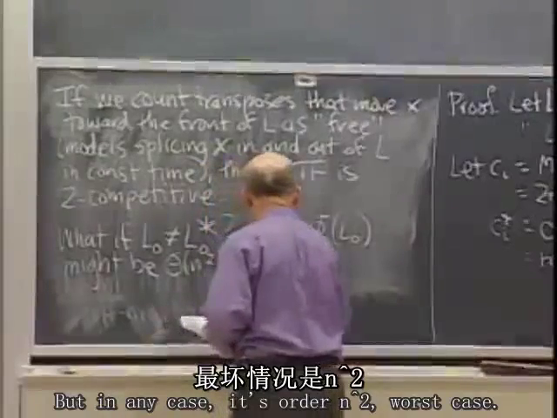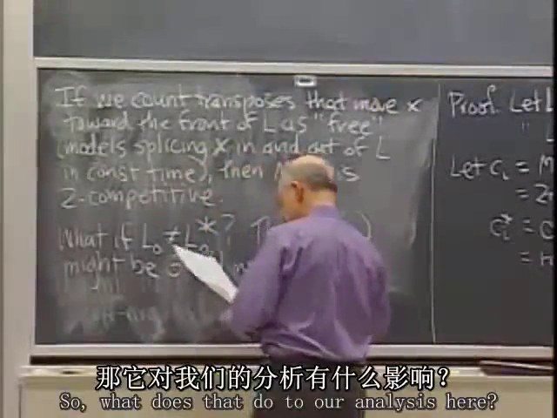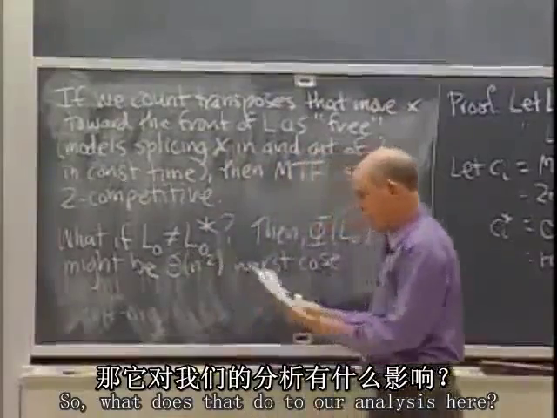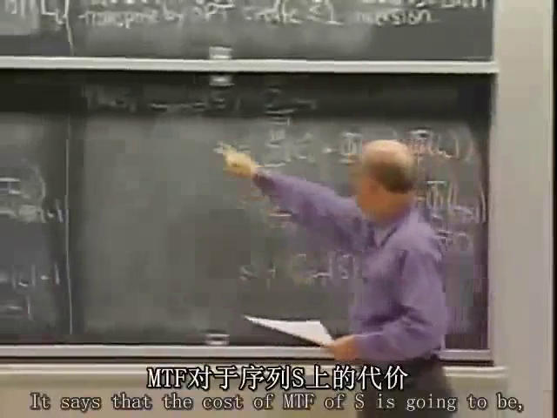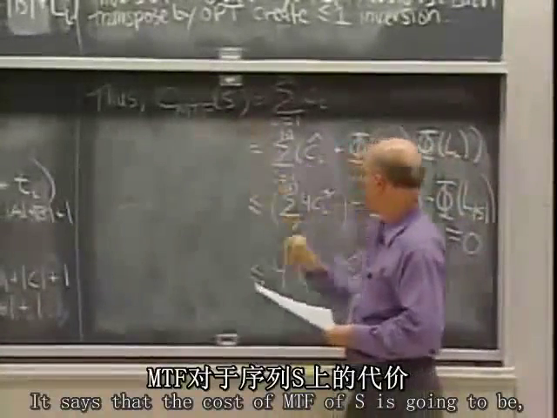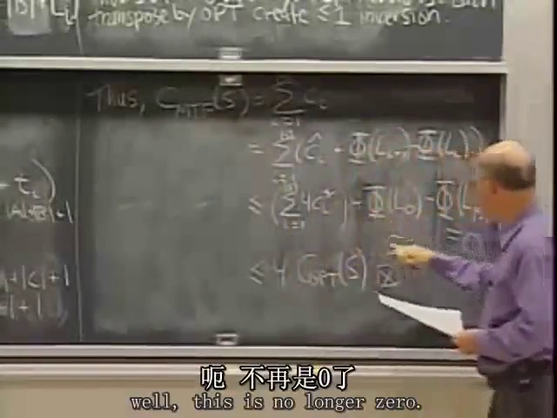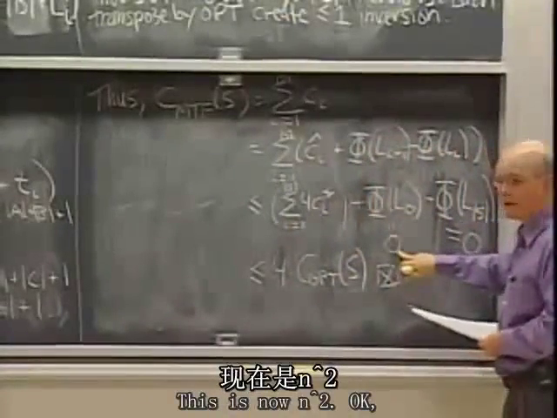Worst case. So what does that do to our analysis here? It says the cost of MTF of S is going to be, well, this is no longer 0. This is now n squared.